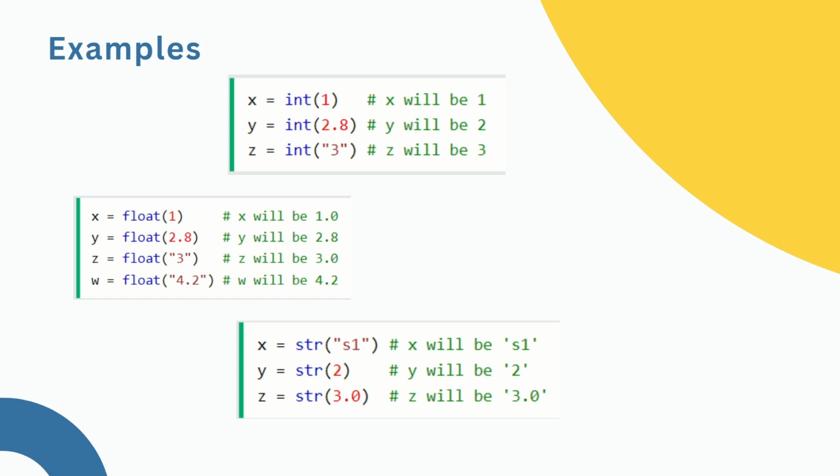If it is 2, 2.0 will be returned, and so on. Then 2.8 is already a float value, so it will return as it is. And if you have a string, inside the string, if it is a decimal value, it will return as it is, but if it is an integer value, it will return it with a decimal. So that is about conversion to float.